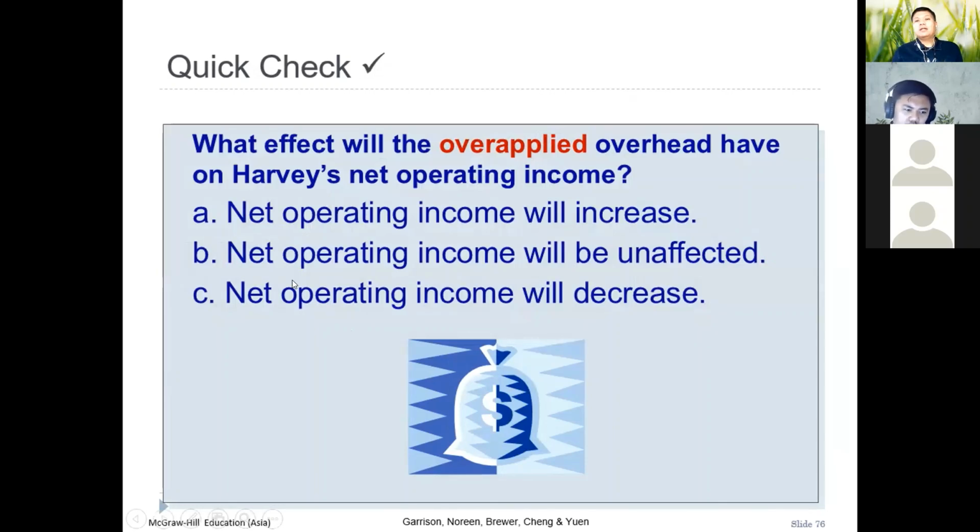Well, alam natin, if you overstate your ending inventory, you overstate your net income. If you understate your ending inventory, you understate your net income. What about the cost of goods sold? If you overstate your cost of goods sold, what happens to your net income? You understate your net income. Anong sagot dyan?